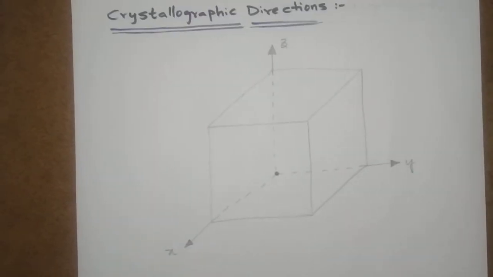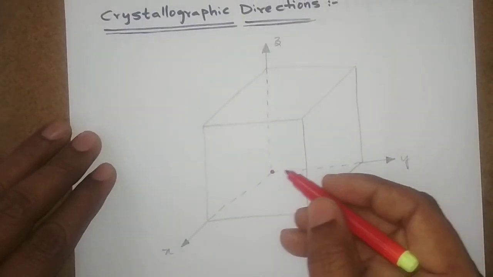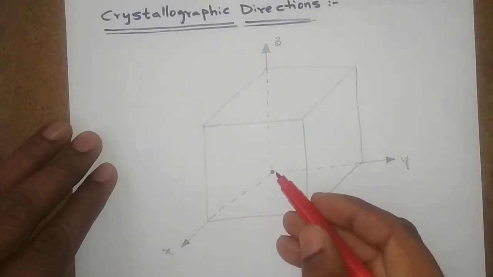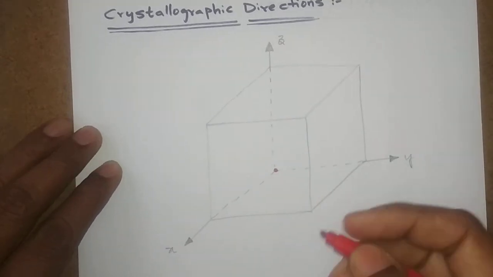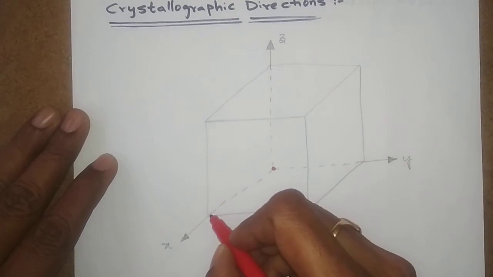Let us understand the concept of crystallographic directions, the Miller indices for direction, with the help of an example. I have drawn a cube, and these are my x, y and z axes, and let me consider one direction.